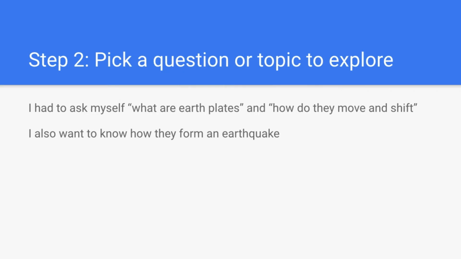I had to pick a question, and I had to ask myself, what are the Earth plates, and how do they move and shift? I also want to know how they form an earthquake.